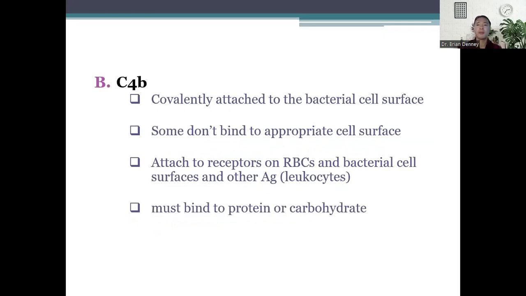Your C4b, being the larger fragment, attaches itself to the bacterial surface. So once attached to the bacterial surface, it now causes activation of the next complement protein to participate in that cascade. And what is the next complement protein to be activated by C4b? Correct. Your C2.